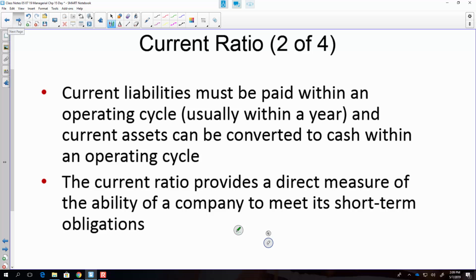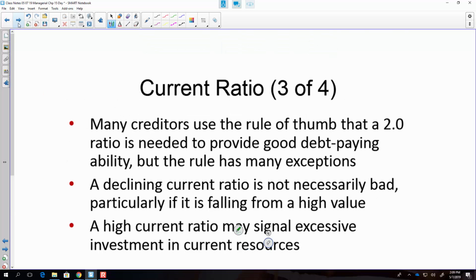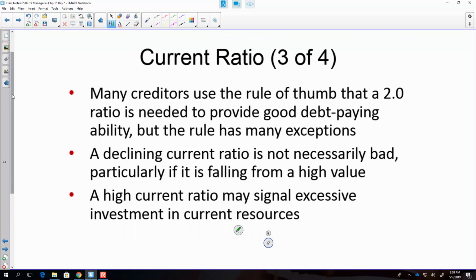So they talk about within 1 year, short term, but many creditors use the rule of thumb that a 2.0 current ratio is pretty standard in most industries. 2 is pretty small in my book. I'd rather see 3 or 4.